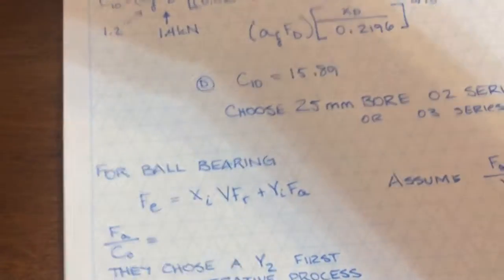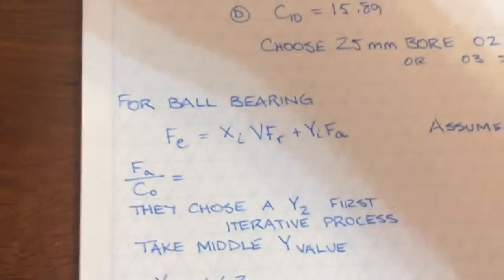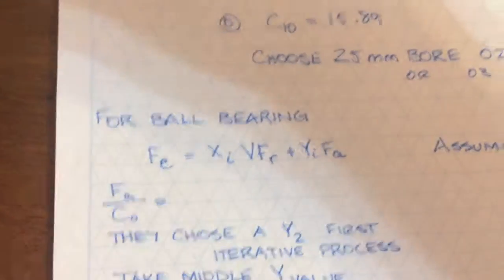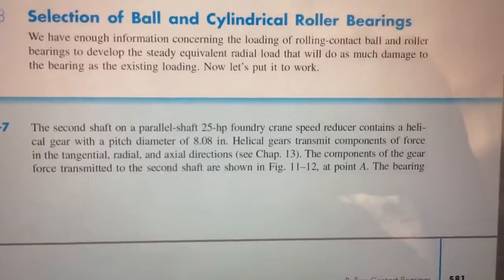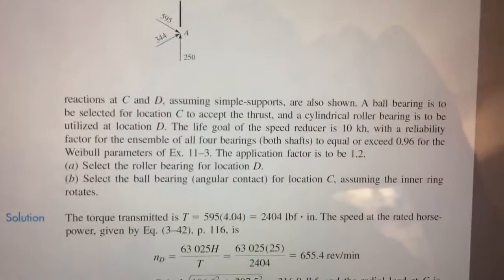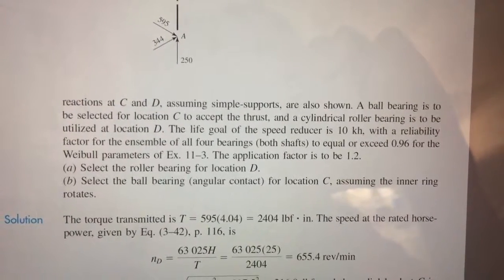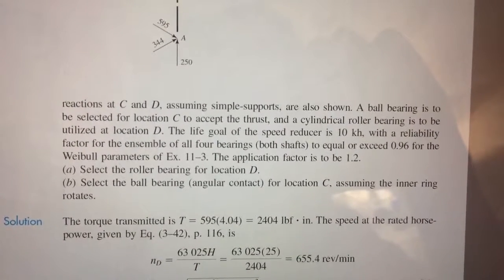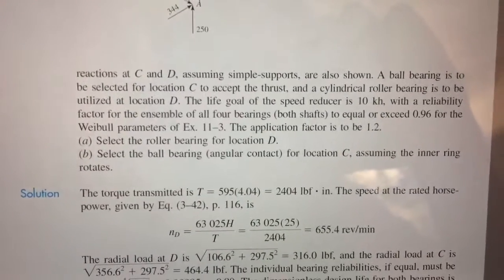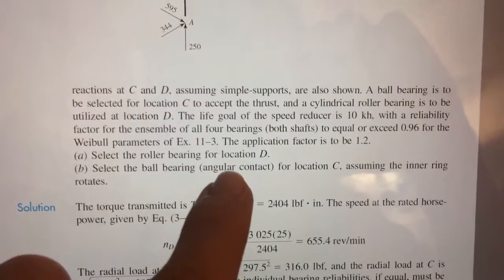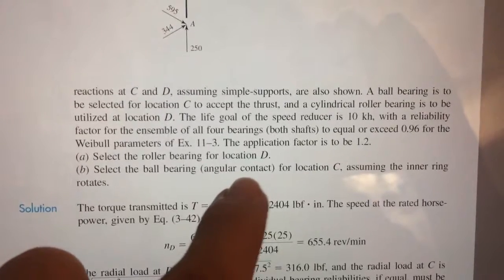All right, now the ball bearing, which is angular according to the problem, right? Does it say? Angular 11.7, components of the gear transmitted, the bearing, assume simple supports, ball bearing is to be selected for locations in C. Viable, ball bearing, angular contact, see it says so right there, select ball bearing, angular contact.